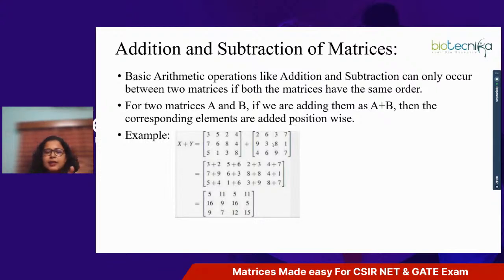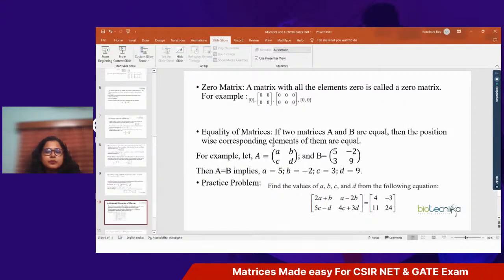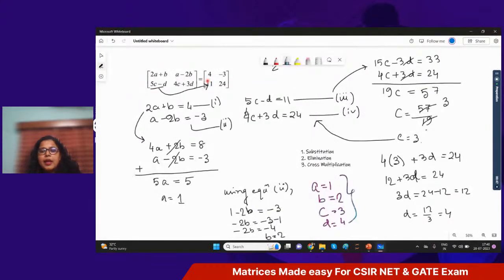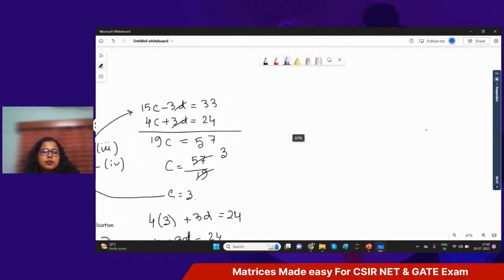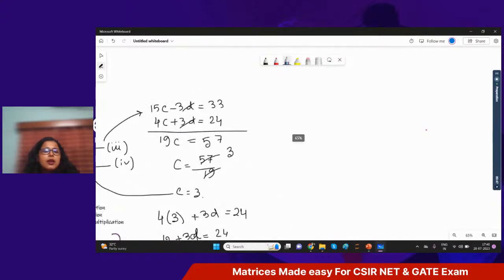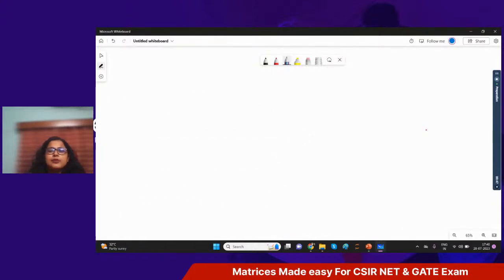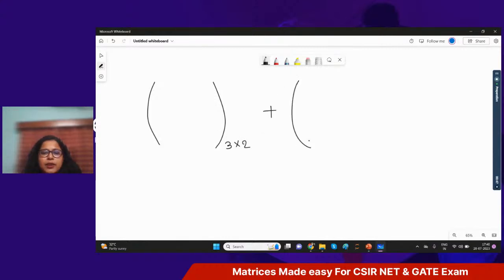Okay, let us understand it with an example. Say I have one matrix of order 3 cross 2, so it will have 3 rows and 2 columns, and let us try to add it with a matrix of order 2 cross 2.